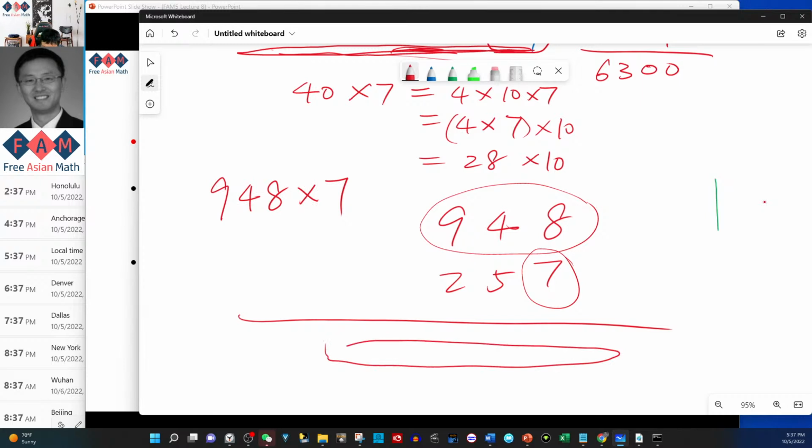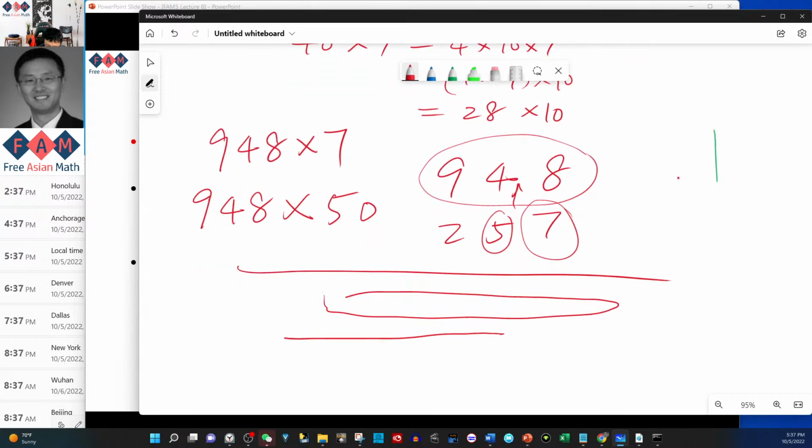Now we use 5 to do this. We pretend this is 948 times 5, but effectively it's times 50, because remember, when we do the second row, we shifted it afterward. We pretend nothing here, but there's a hidden 0 there. That's where effectively we were multiplying with 50 instead of 5.